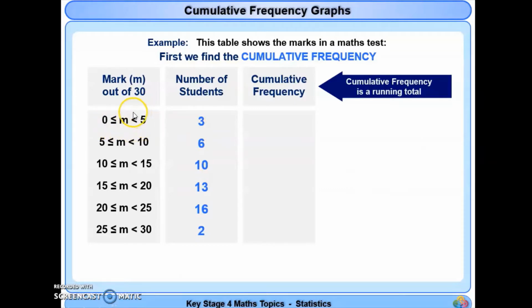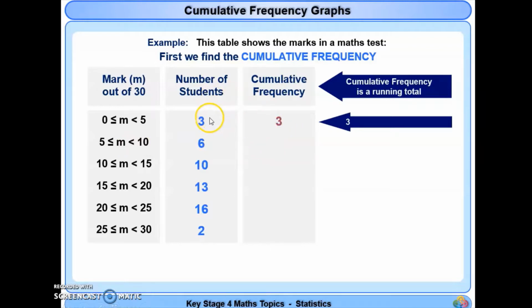So for the group of 0 and less than 5, we have 3 students. So there is 3 students. The running total is at 3. But for the next group, this total that goes here is going to be the sum of this group, but also including the sum of all the groups that are smaller.